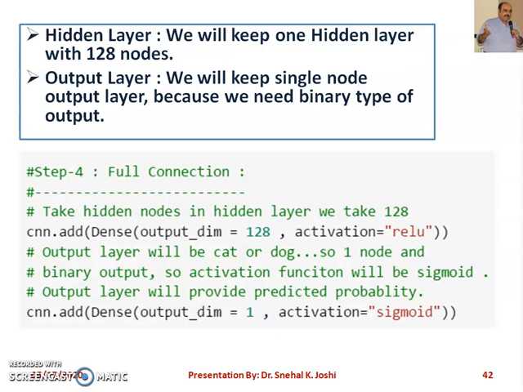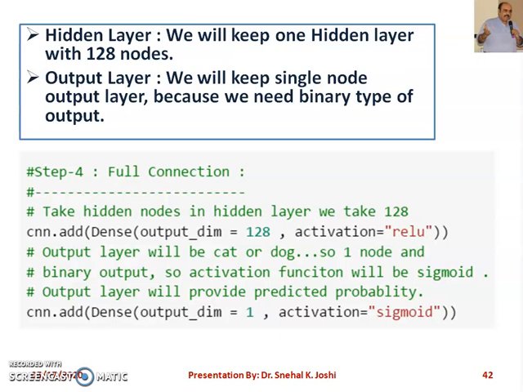Now the second question is how many hidden layers we should have, and another question is how many nodes each hidden layer will have. As such, there is no fixed thumb rule for this purpose. Normally in a simple artificial neural network problem, I follow a thumb rule where I add the input layer nodes and output layer nodes and take the average.